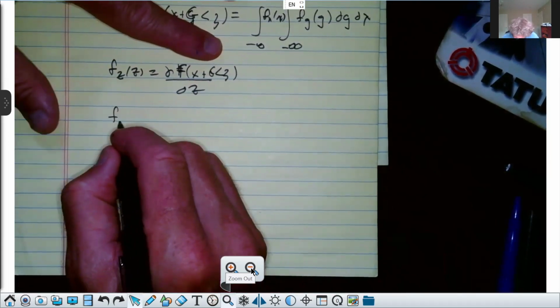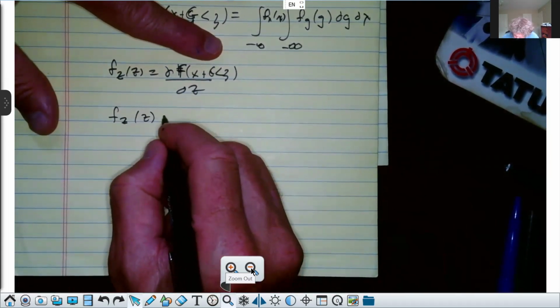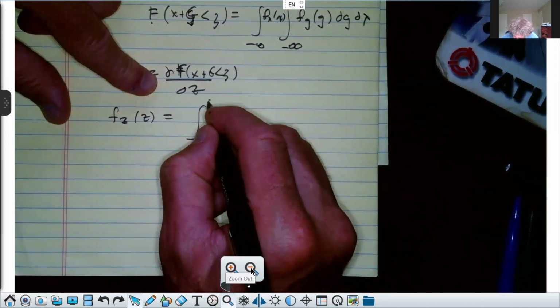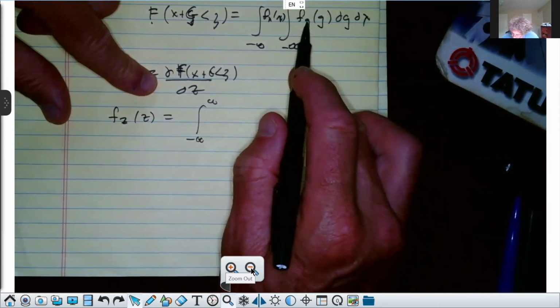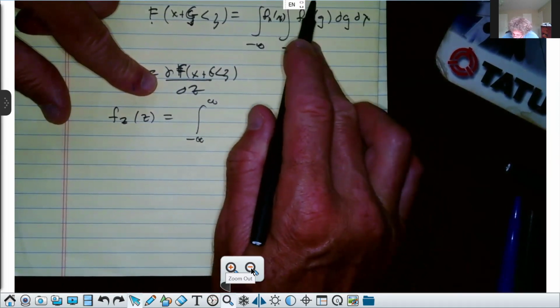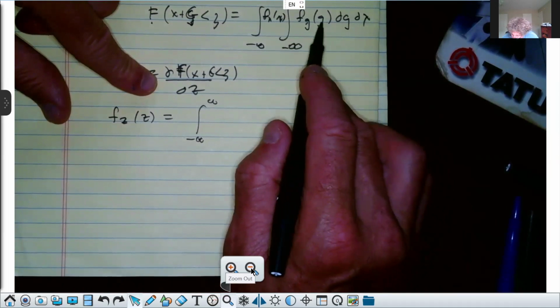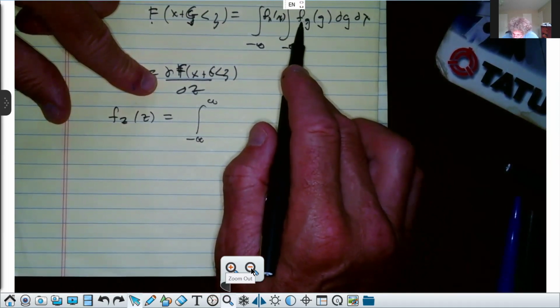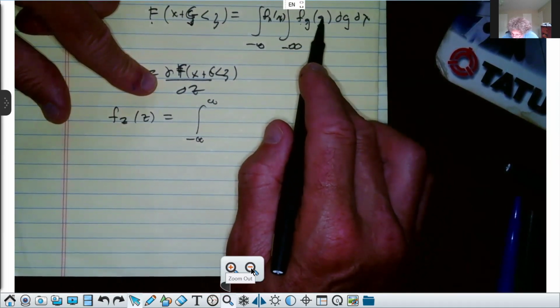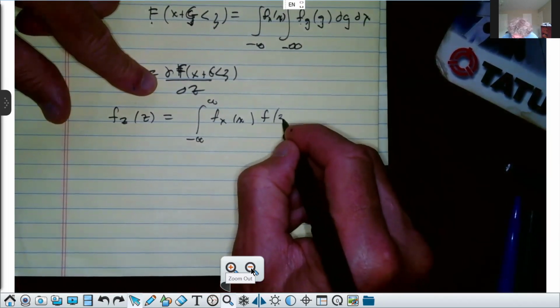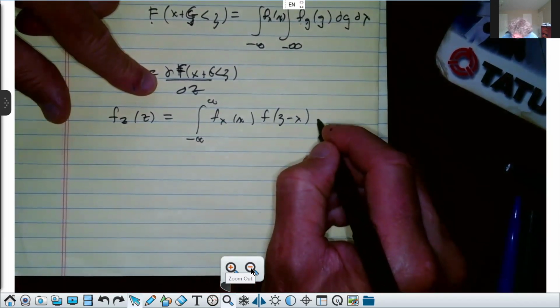This is in the book, by the way, in this section, so you don't have to write this down. When I take a derivative, I still get the integral from -infinity to infinity there. But then here I get the derivative of the upper limit with respect to z, which is just 1. And then what you have to do is take this argument and replace g with z minus x. And this is going to be times f of z minus x dx.